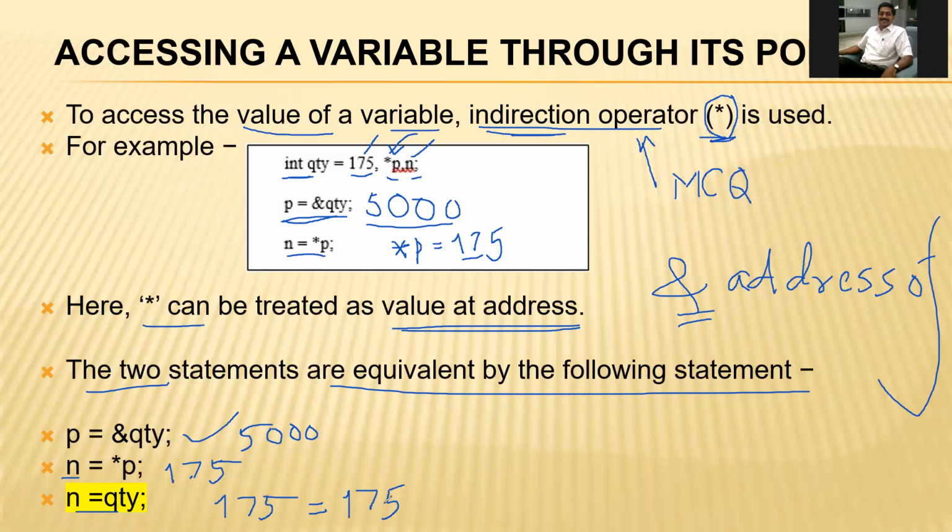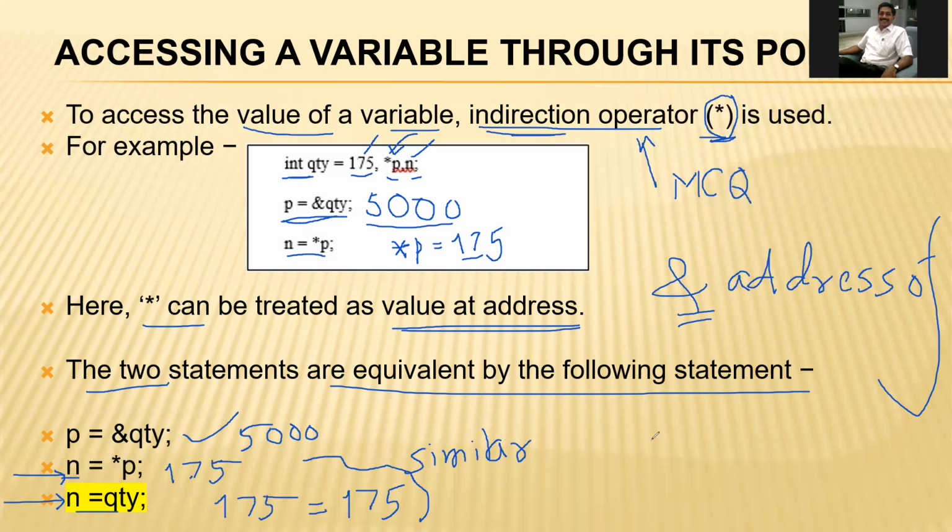Can you see this? These are two equivalent statements: n is equal to star p and n is equal to quantity. Both are similar.